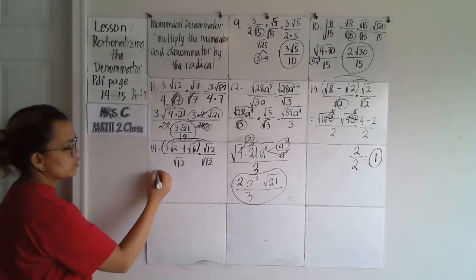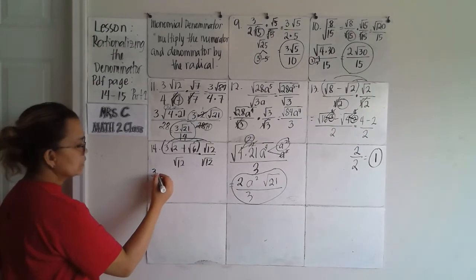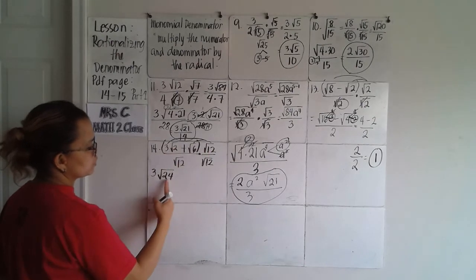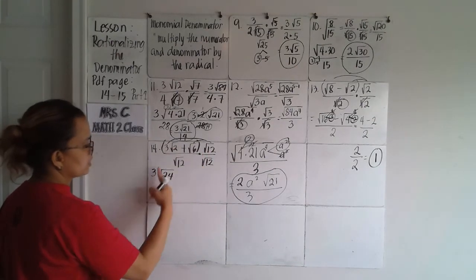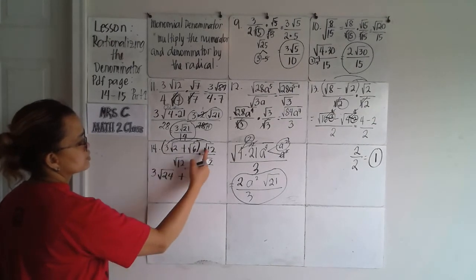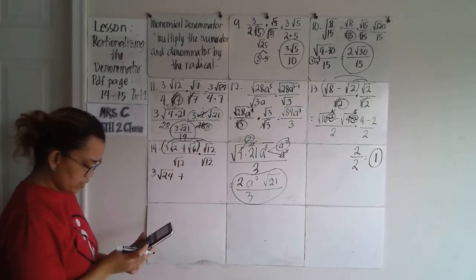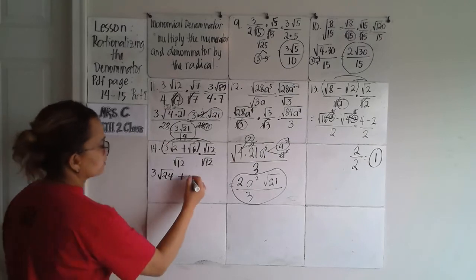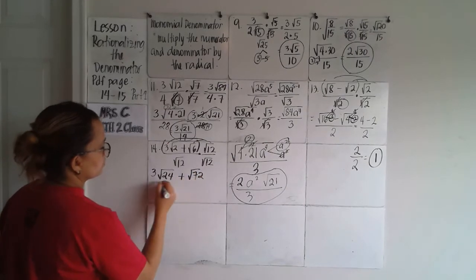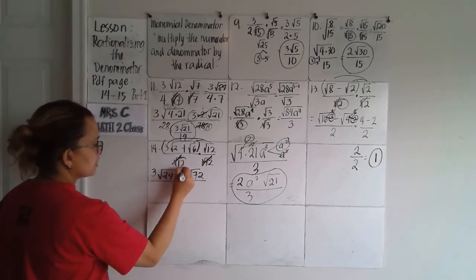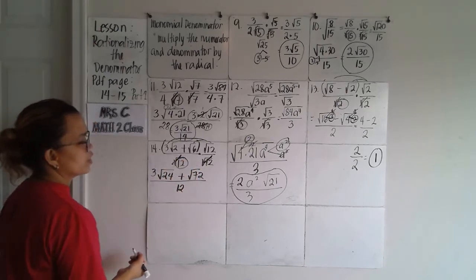So you will have 3 square root of 24 because 2 times 12 is 24, plus square root of 6 times 12. It's a big number, so we need the magic calculator. Square root of 72 divided by, cancel, take 1, so that will be 12, right?